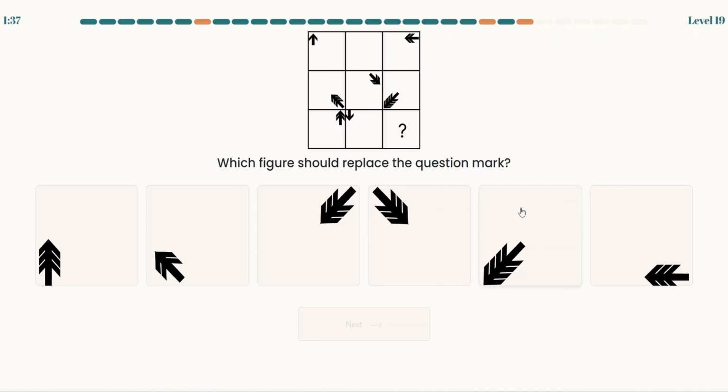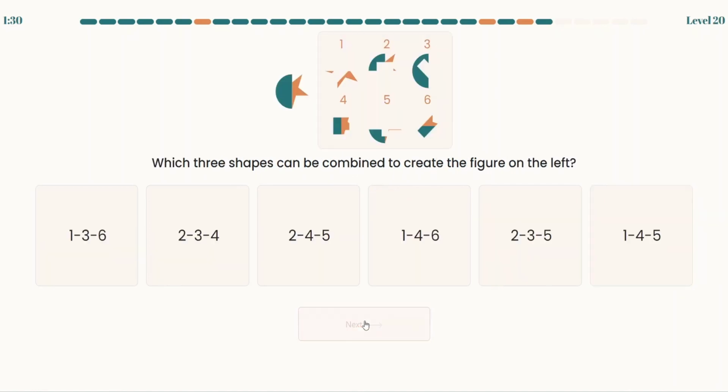So it's either this or this. I mean, this has already appeared, so I'm guessing it's 6. Yeah, that's an easy one.